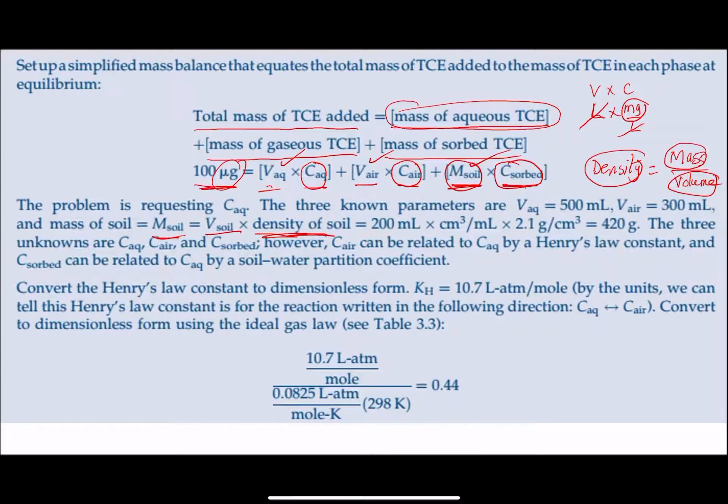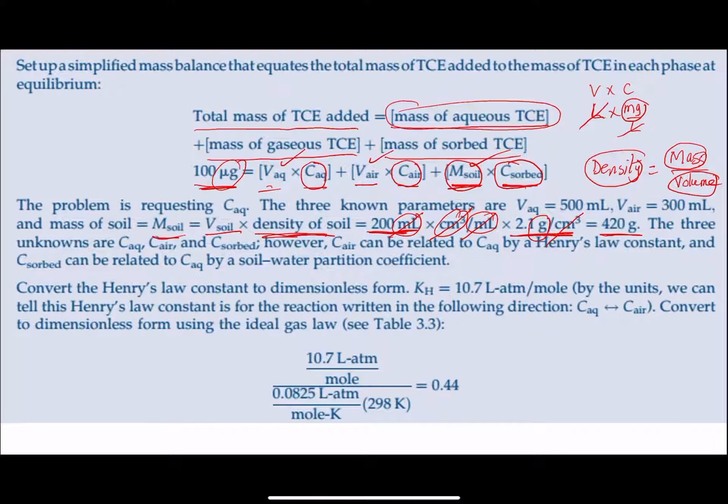Volume of soil we know, 200 milliliter. You multiply this by the density, 2.1 gram per centimeter cube, and because 1 centimeter cube is equal to 1 milliliter, milliliter goes with milliliter, and you'll end up with gram. So the mass is 420 gram. We are done with this. 420 grams is the mass of the soil.